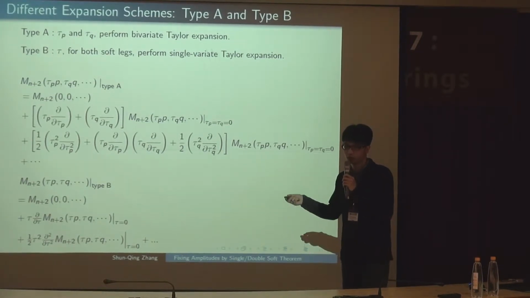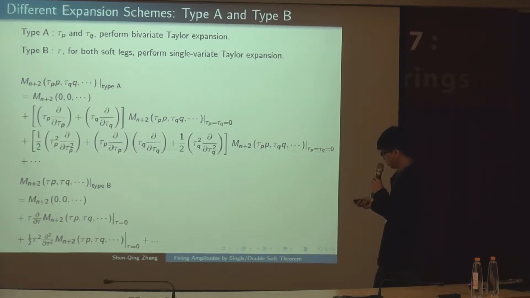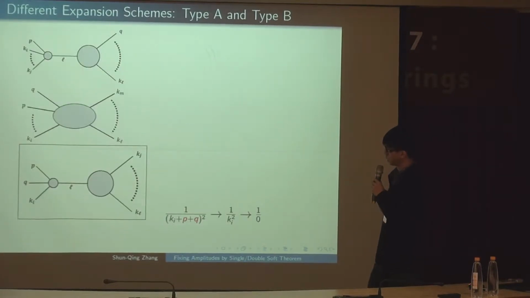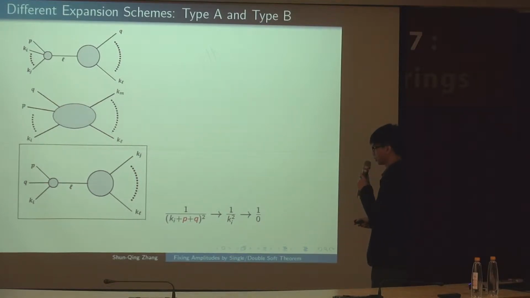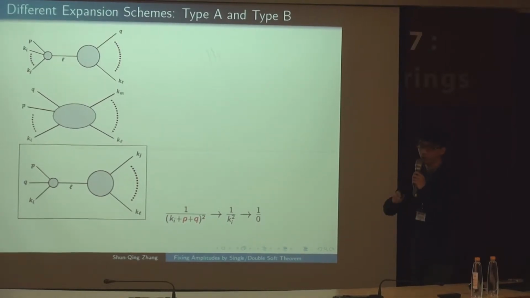But that actually gives different results. You might think why. It's because when you consider this diagram, when P and Q approach 0, the inner propagator goes on shell. So it has some singularity when you do the double soft expansion, and the way you choose to take it soft actually gives a different expansion result.